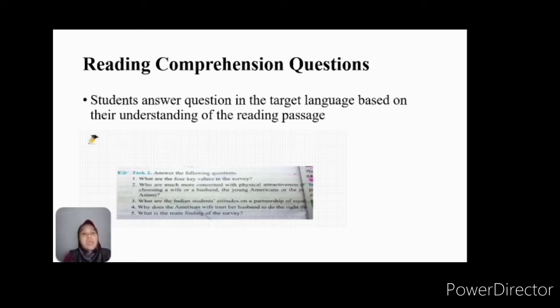The first is, what are the 4 key values in the survey? So this means they are asked about the value about the story. Then there is, who are much more concerned with physical, so we look for the concern of the story, and etc.